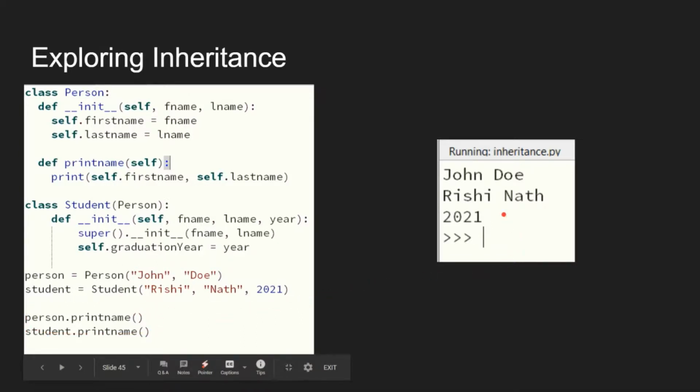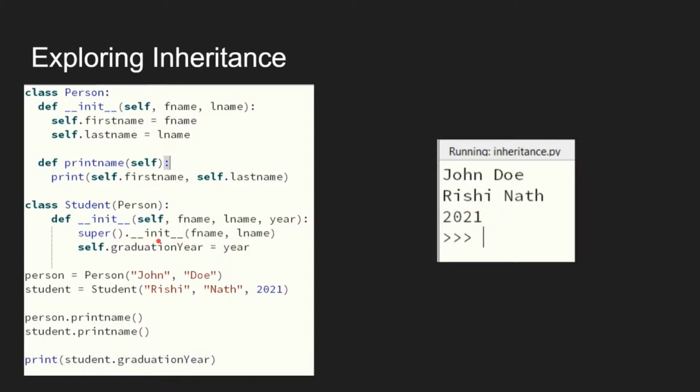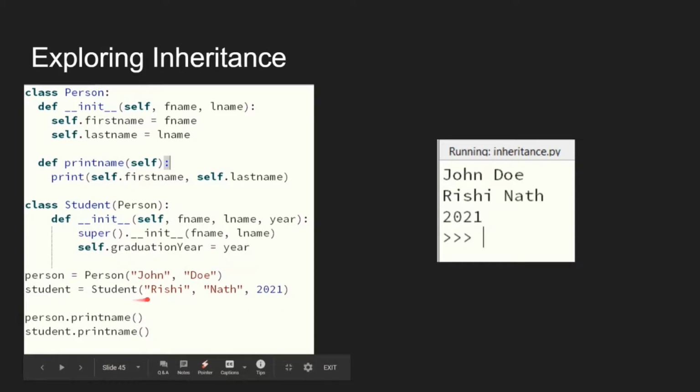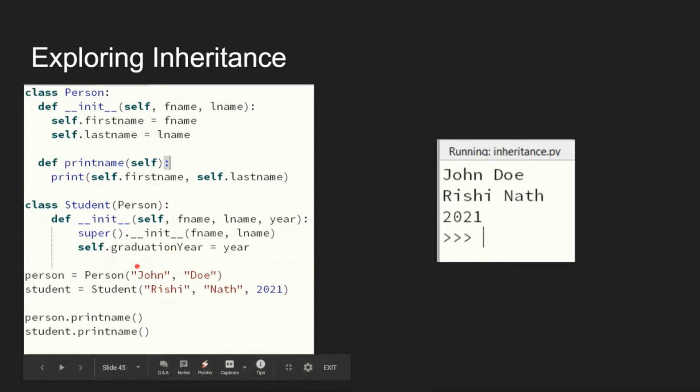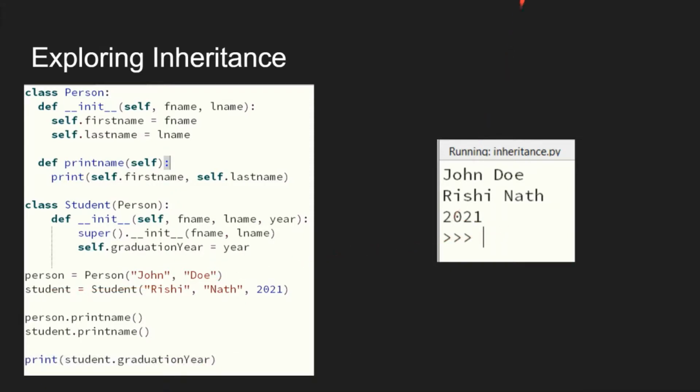And now there's no error because we've defined firstName and lastName because we call the init. And we can also print student.graduationYear, which should be 2021 because we've set the student, which is me, and we've set my graduation year to 2021. So the graduationYear property of the student instance is 2021.